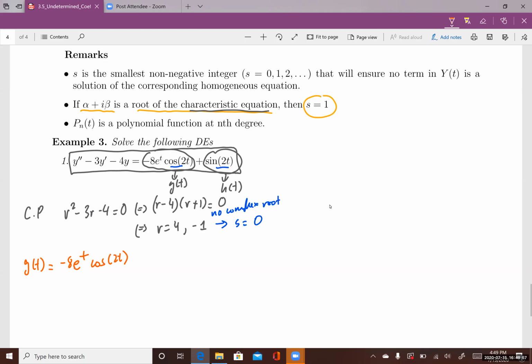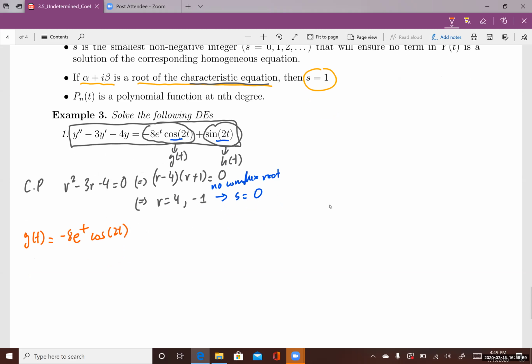In this case, you want to find Y1 of t, the specific solution to this part of the non-homogeneous part. So it should be, you have e to the t, you have cosine 2t.